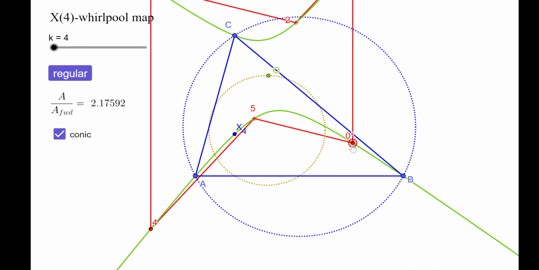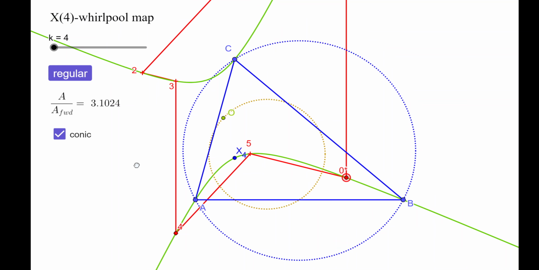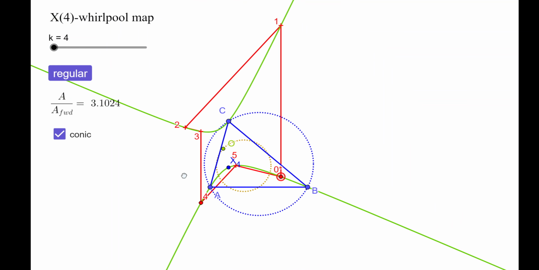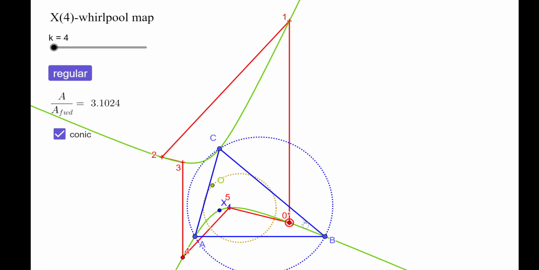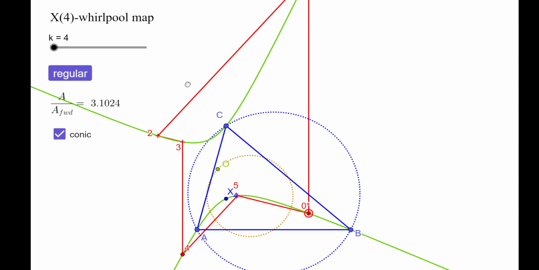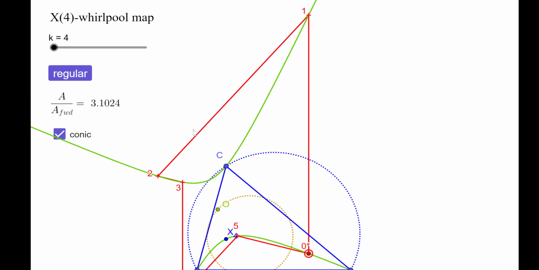Let's just take another position here, for example this one, and you can see that the 6 points that constitute the cycle, they fall upon that rectangular hyperbola, defined by 5 points, P0, the x4 of ABC, and the 3 vertices ABC.